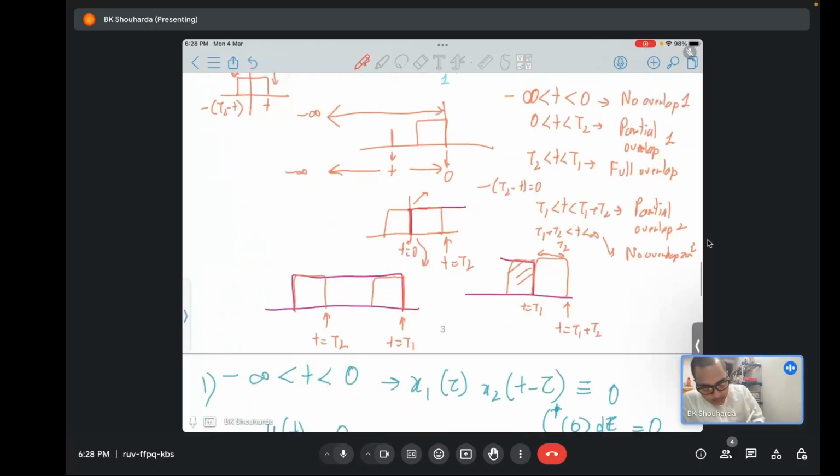So once we are inside over here, let's say t is anywhere between t2 and t1, and it's completely inside, so this one will be minus of t2 minus t, or this is t minus t2, okay.